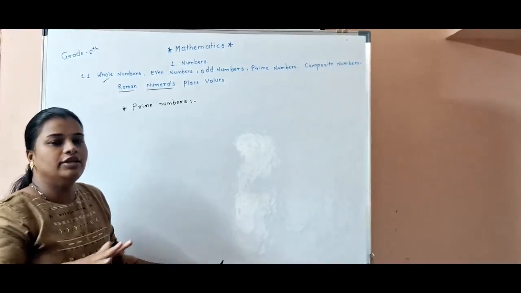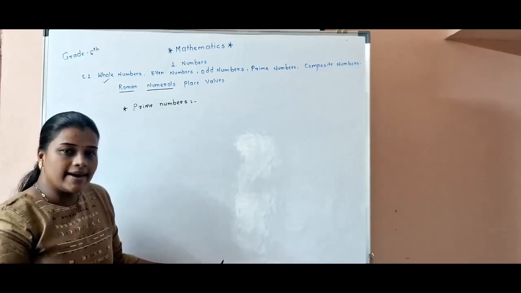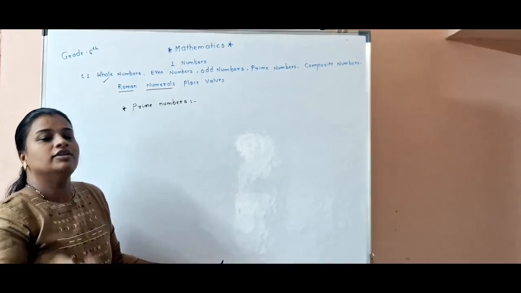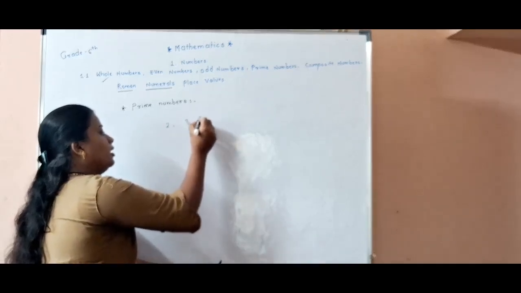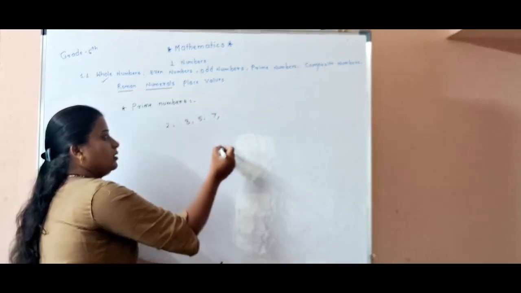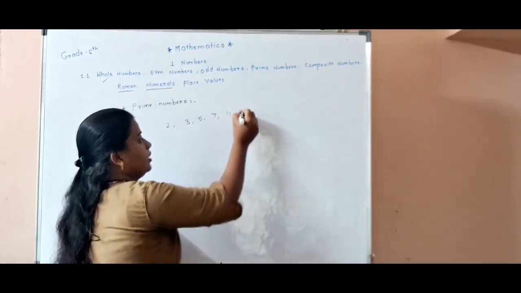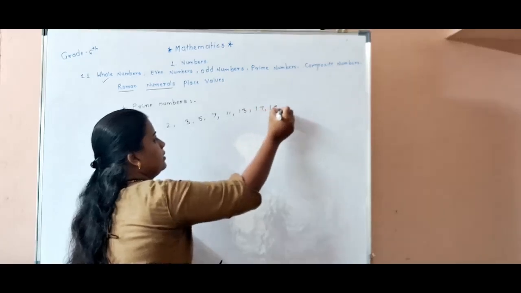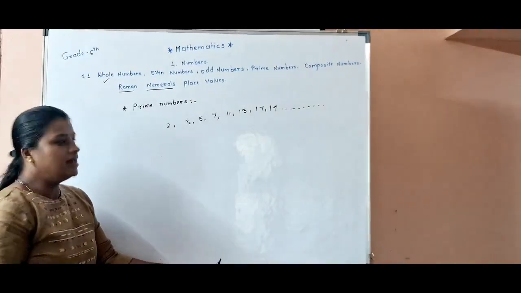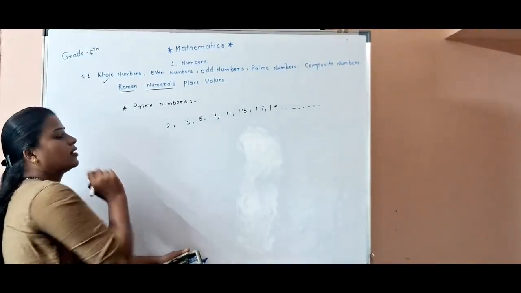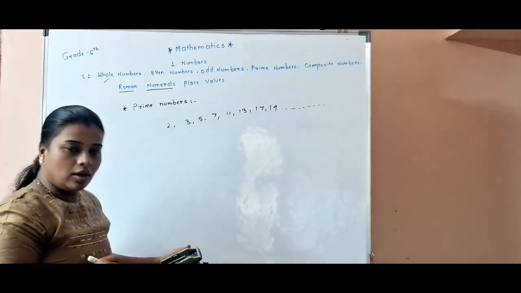All types of definitions I have explained to you. The number which is divisible by itself, or the number which comes under its own table: 2, 3, 5, 7, then 8 comes, 9 comes, 10 comes, then 11, 13, 17, 19, and so on. Such types of numbers are called prime numbers. Okay, got it?